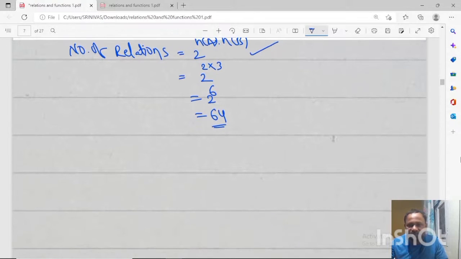What is that? Functions. This is also a most important condition. What do you mean by function? Already I told you about relations as well as functions.